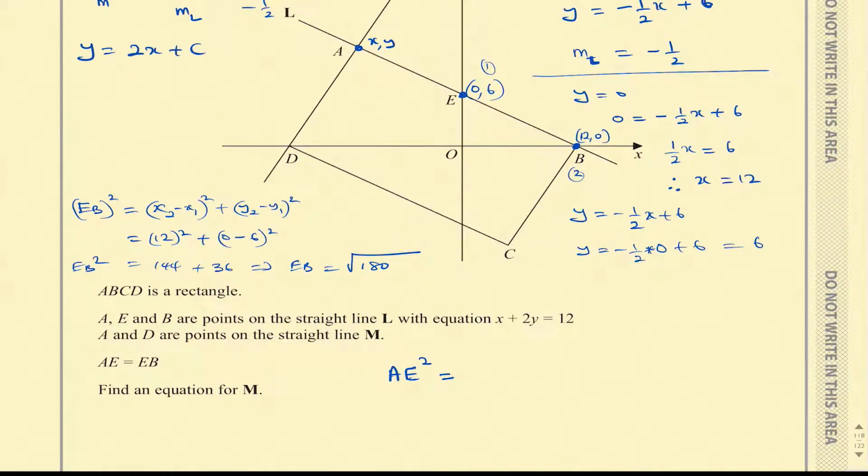So AE squared would be zero minus X squared plus 6 minus Y squared.